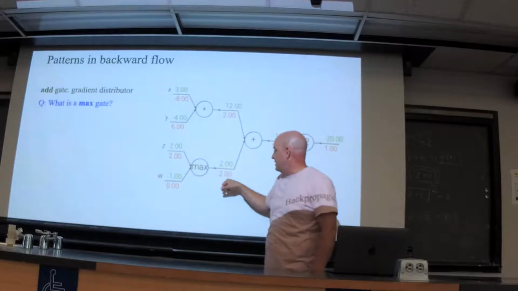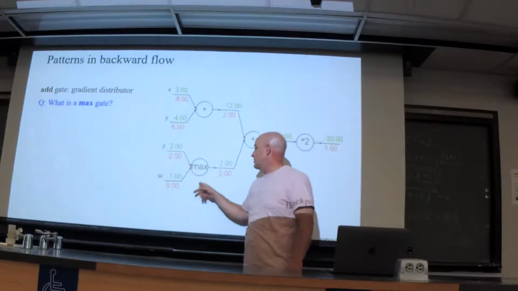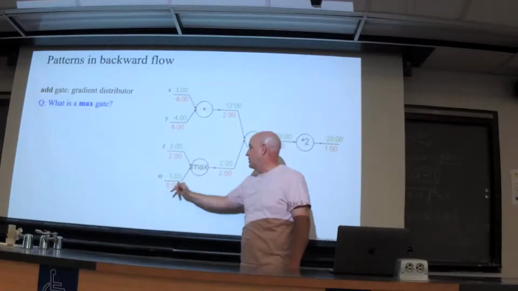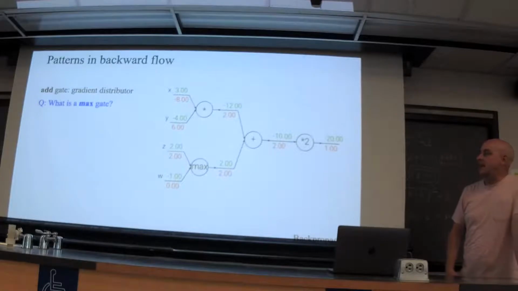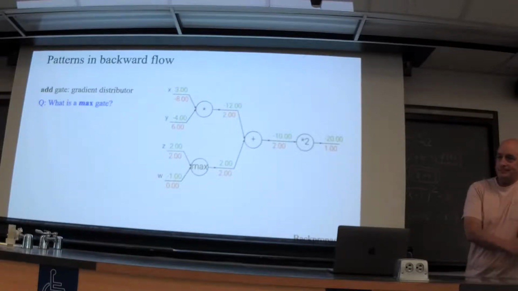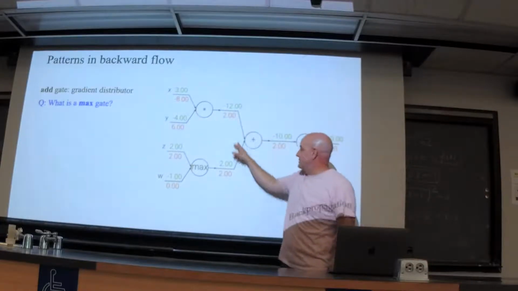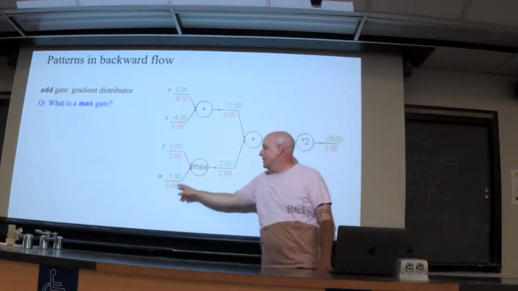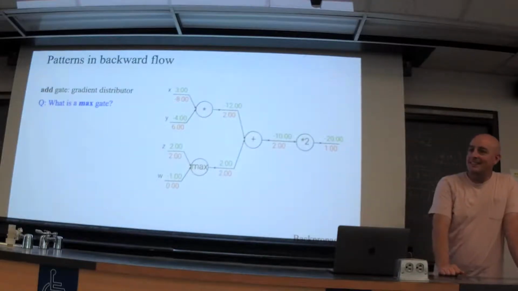So we multiply the downstream gradient with 1, and we get that. We multiply this downstream gradient with 0, and we get 0. So if you were to give this thing a name, what would you give it? You'd call this a distributor.